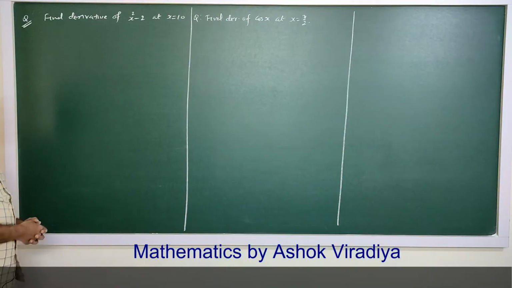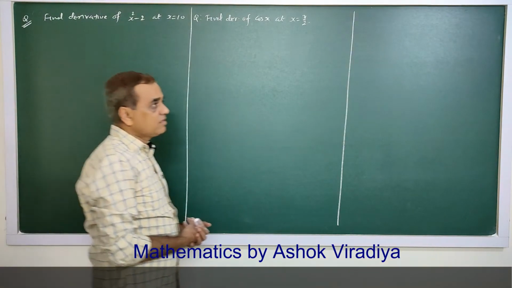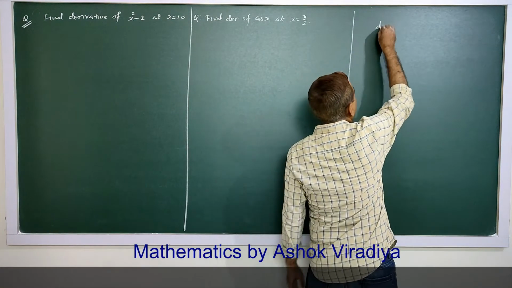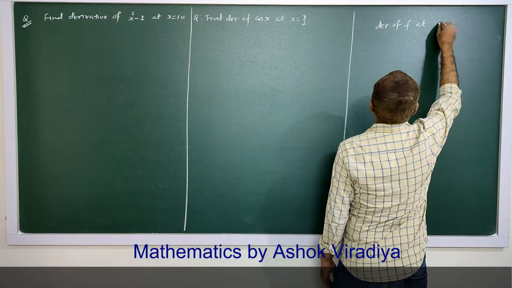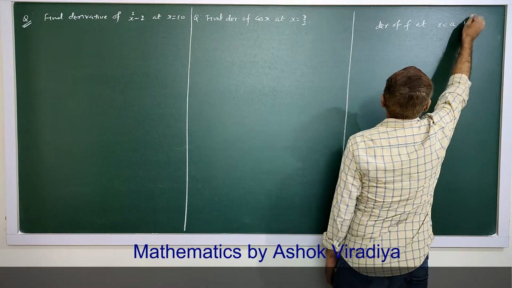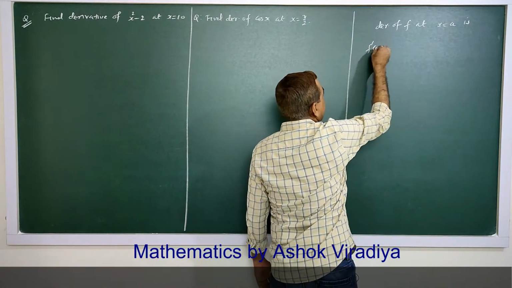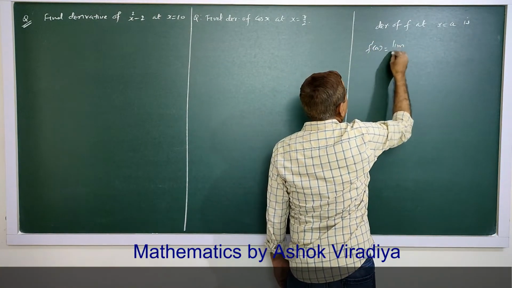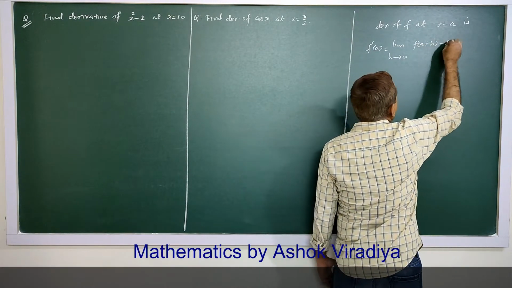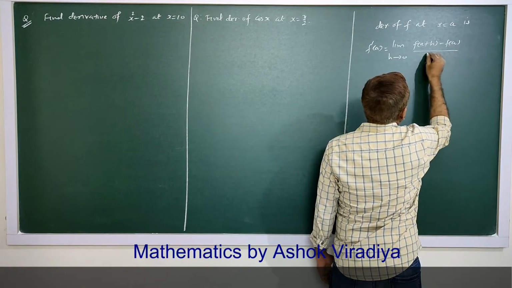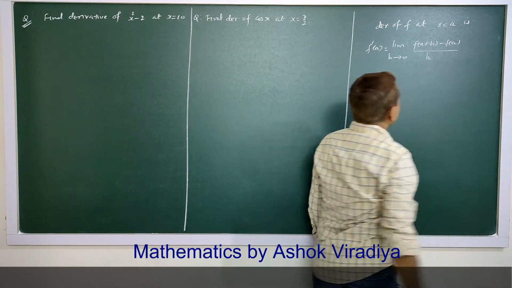Now question based on definition, find derivative of function at given number. Say derivative of f at x equal to a is f dash of a, limit h tends to 0, f of a plus h minus f of a upon h.